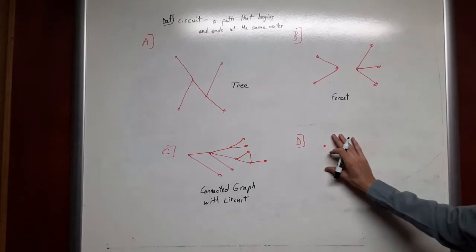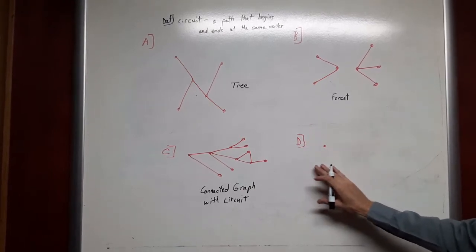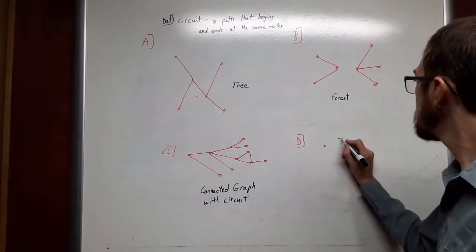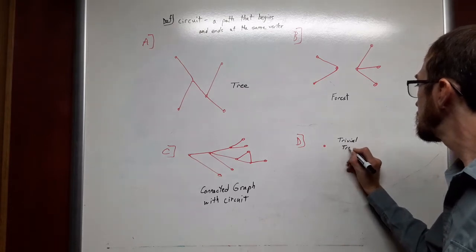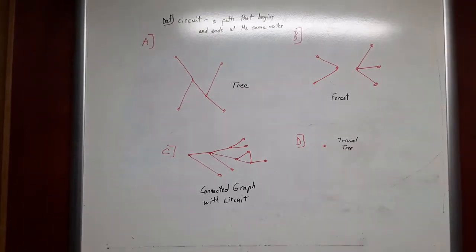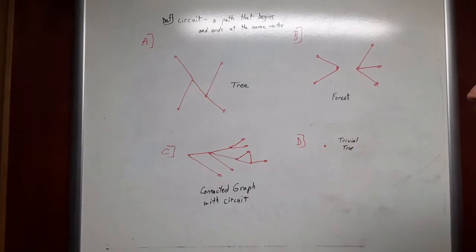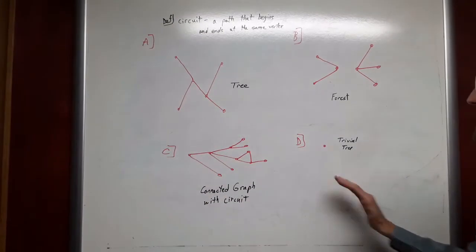And so there's no other pieces to this, so it meets the definition of a tree, and this is what we call the trivial tree. So if we were looking for which of the graphs that we had to choose from were actually trees, the answer is A and D.